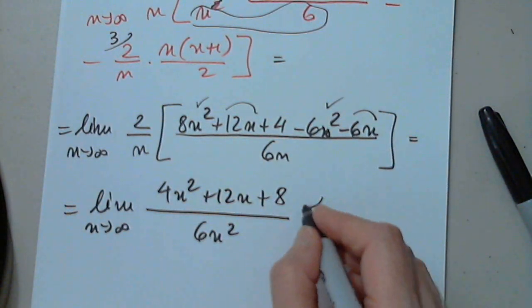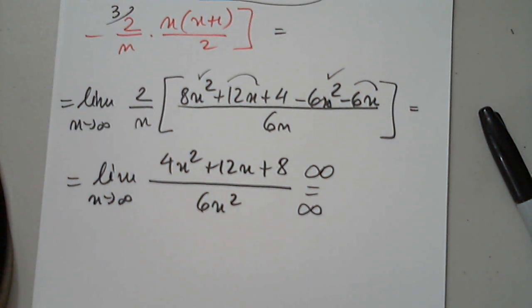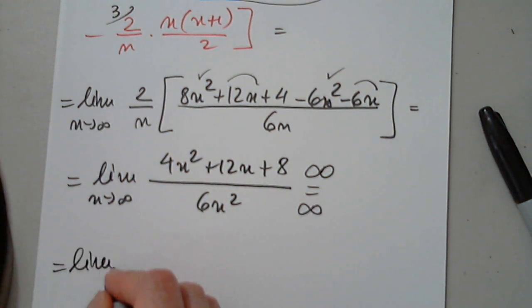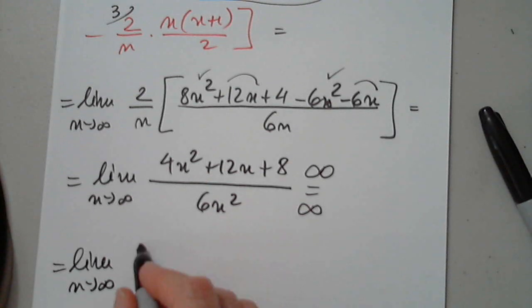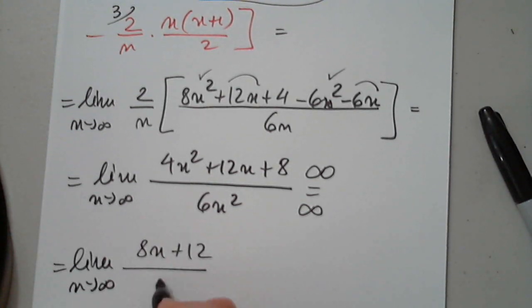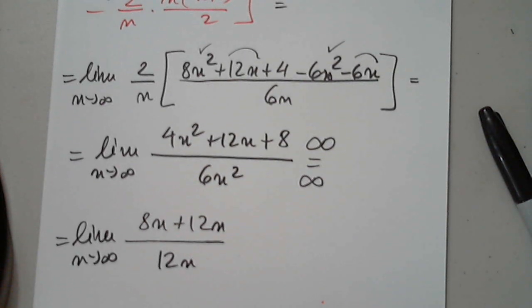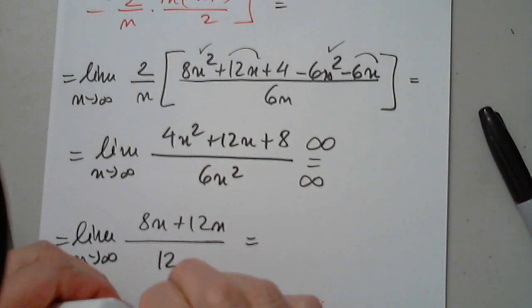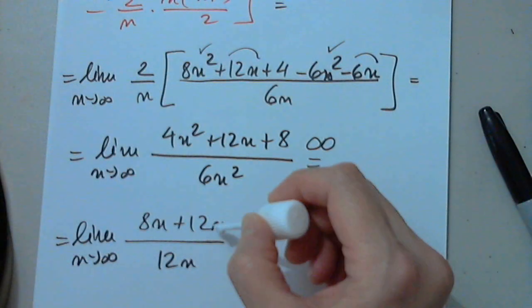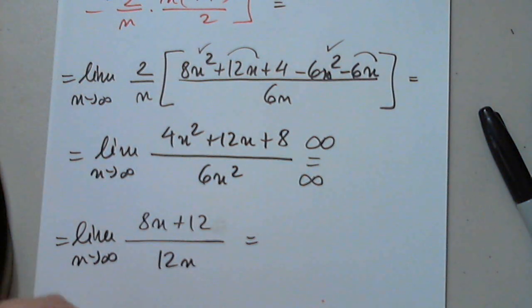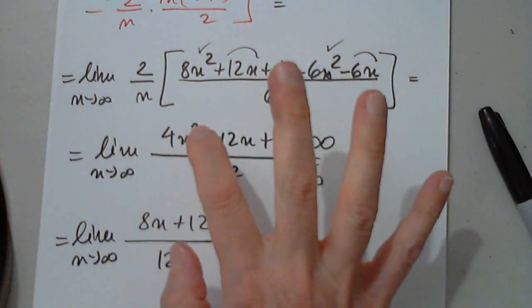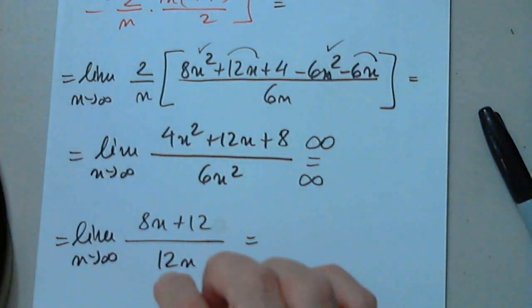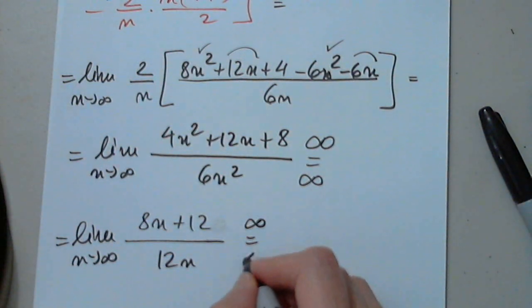Okay, let's say we don't know. It's infinity over infinity. Limit as n approaches infinity of 8n plus 12 over 12n. Again, infinity over infinity.